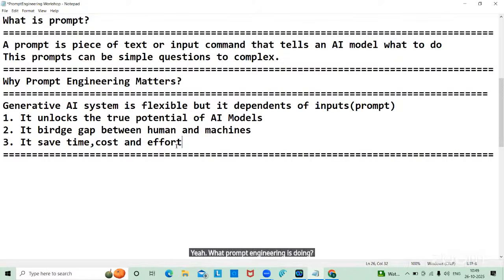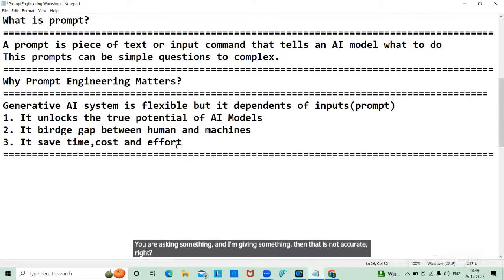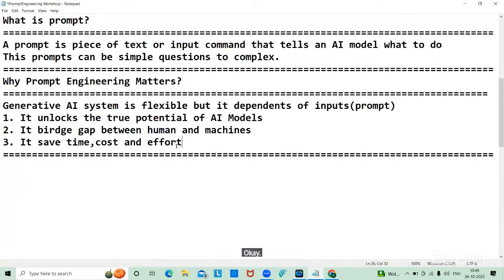All the answers should be given by AI. But how to ask the question, that is important, right? If I don't understand what you are asking, then I cannot answer it, right? You are asking something and I'm giving something else, then that is not accurate, right? So asking questions to the AI, you can call it prompt engineering.